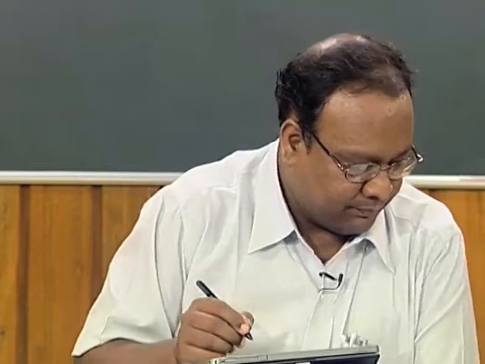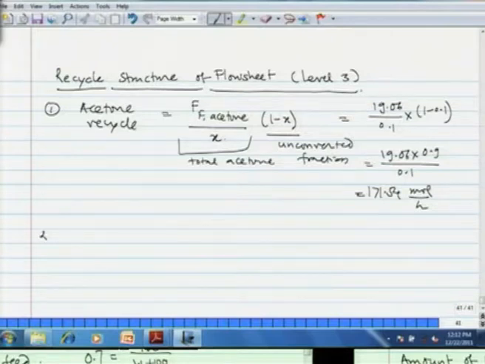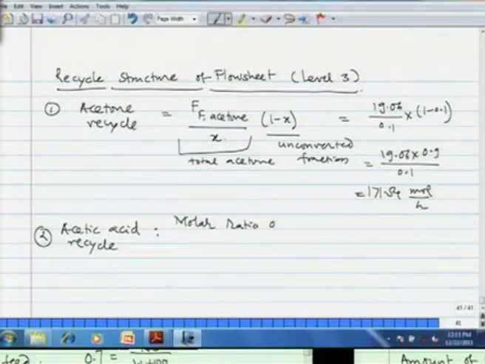Now the acetic acid. We have been given the molar ratio of ketene and acetic acid. Acetic acid is added in excess, so the molar ratio is 6. Now obviously we assume a complete conversion of ketene, which is an unstable species.